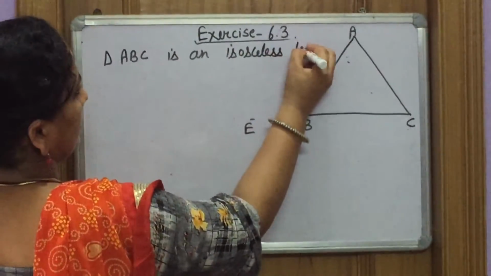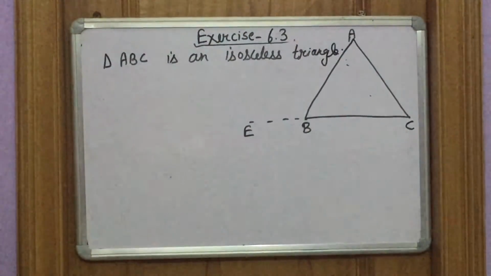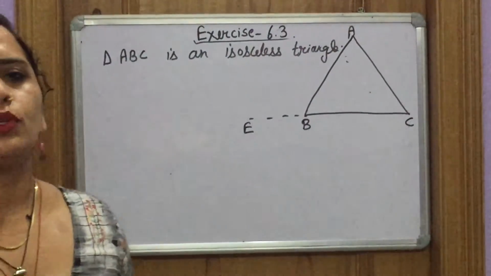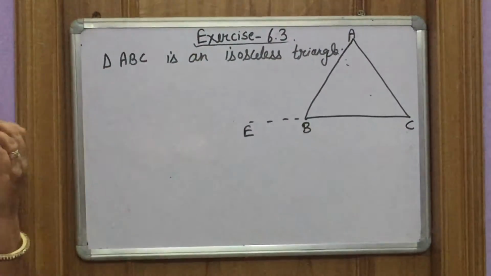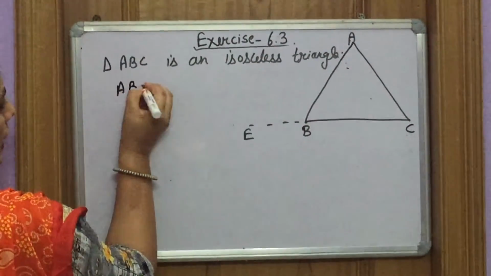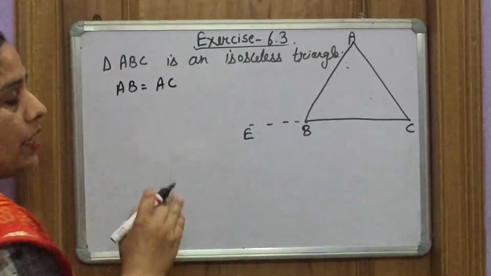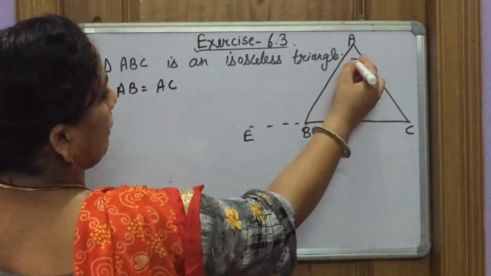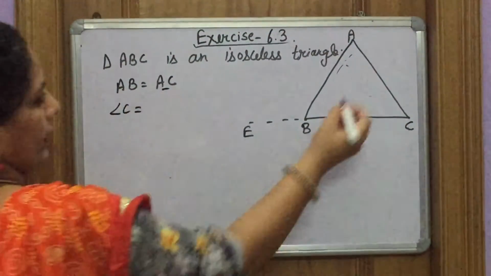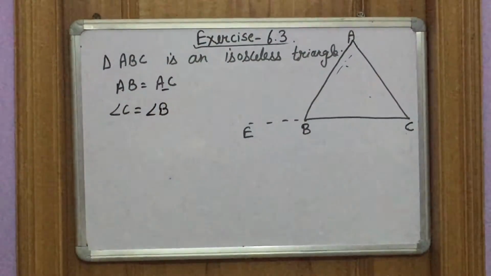We know if a triangle is isosceles, then its two sides are equal and two opposite angles are also equal. So if in ABC, AB side is equal to AC side, then its opposite angles, that means opposite angle of AB is C and opposite angle of AC is B, then these two angles are equal.